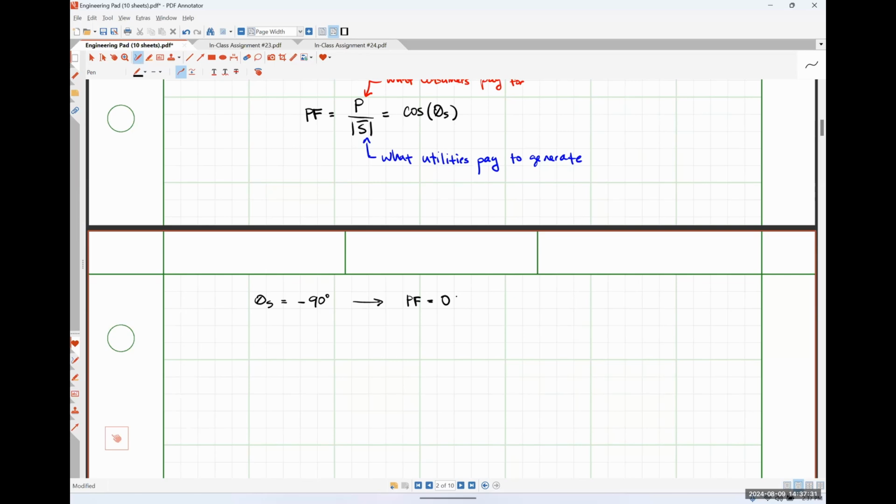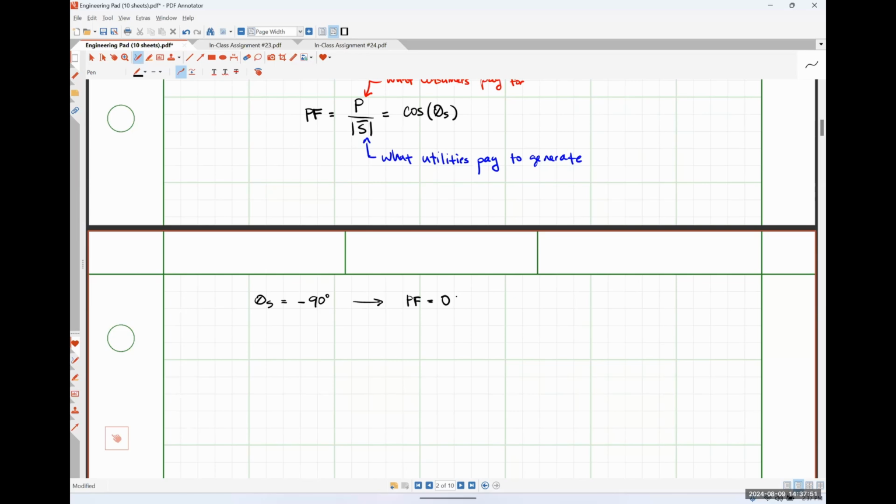So we are operating at effectively 0% efficiency, meaning all of the electrical energy that is being generated by the utility is being sent back to them. So they are not able to charge anybody for literally anything.